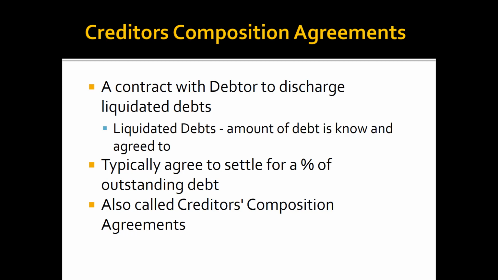You could have an agreement between a debtor and a creditor called a creditor's composition agreement, whereby you would agree to settle for that $1,000 for $500. Now, again, it's beyond the scope of this course, there is some tax liability here because if you get forgiven a debt, that is taxable income. So you should be aware of that.